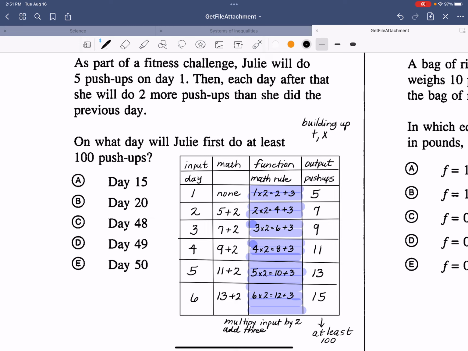So in every situation, it comes out to be that you're adding 3. You could even get into even and odd numbers. The multiplying of the input brings you to an even number every time. And then you're adding on 3 to that to account for the 2 new push-ups and the day before.